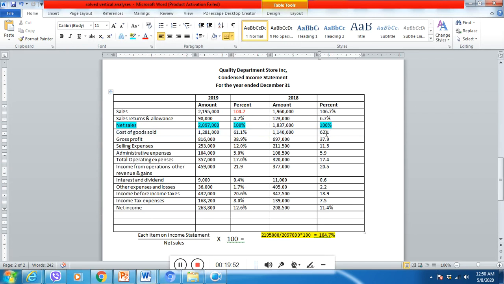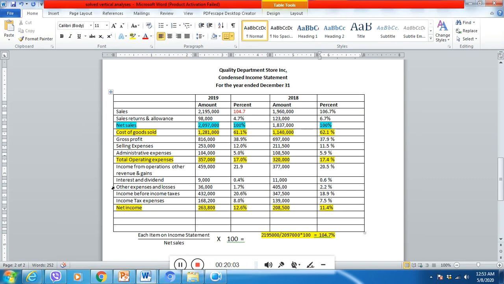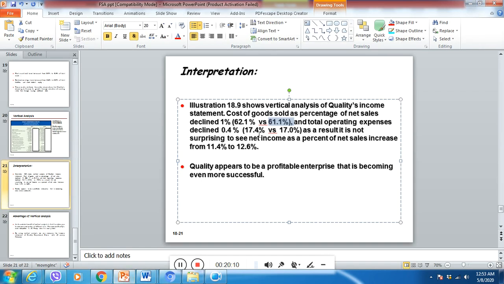Last year it was 62.1%. Here I have highlighted these three things, mentioned on slide number 21 in the form of interpretation. First I explain, then I come back to slide number 21.